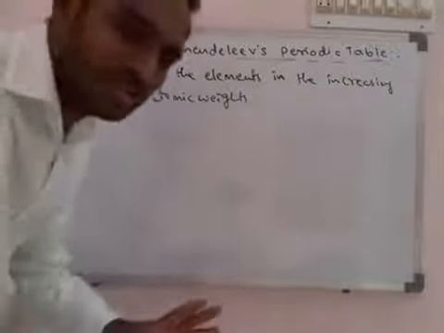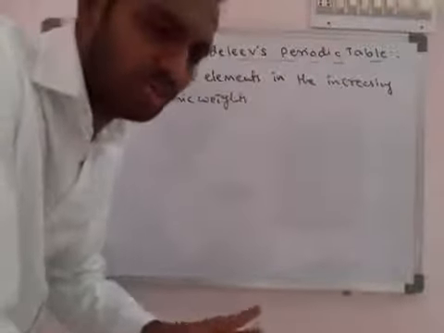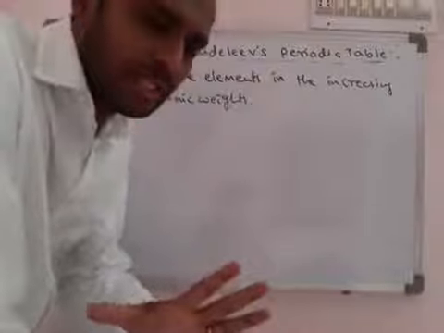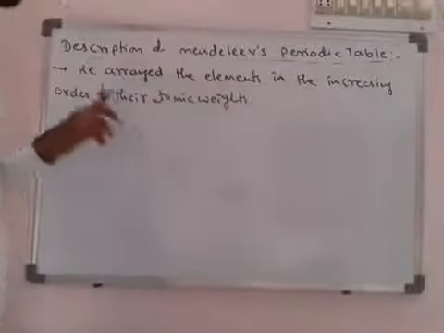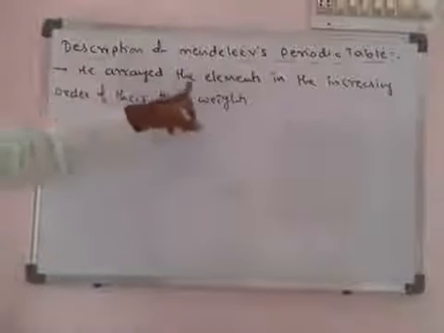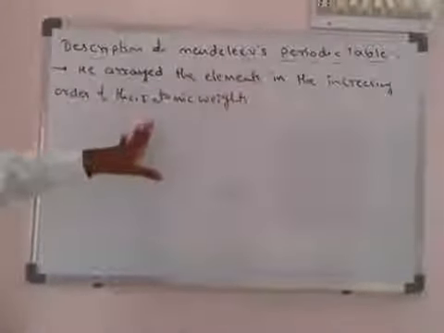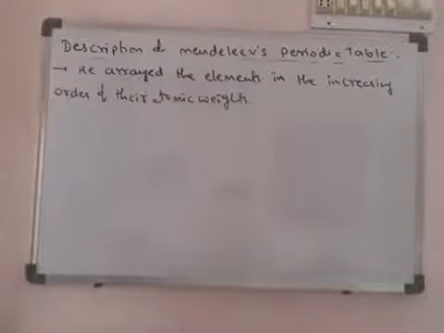So see the description of his periodic table. Already we said it is totally based on atomic weight. So he gave the main point that he arranged the elements in the increasing order of their atomic weights.